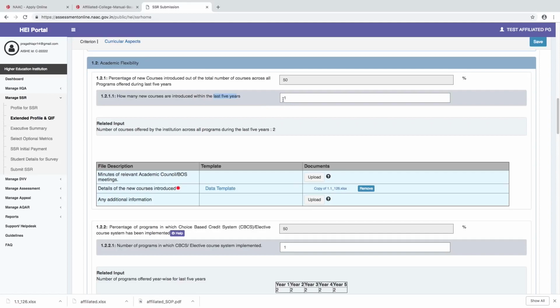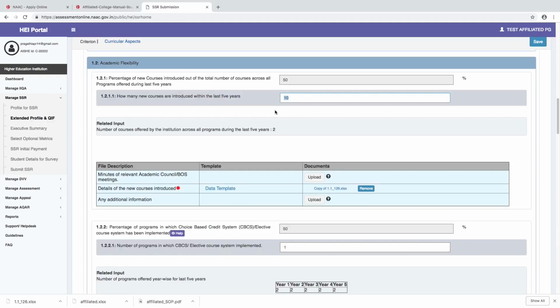Now, here this number is supposed to be only one number, though the same course is repeated in consecutive years, but we talk about the introduction of the course alone here, and hence it is supposed to be only one number here. It can be around 10 courses that you have introduced.